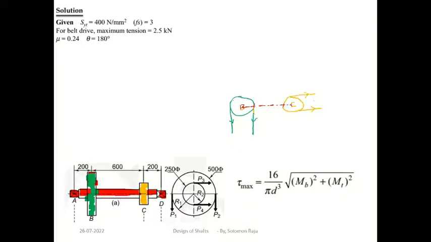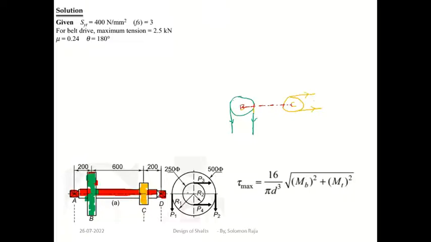Similarly, here BC is the shaft, pulley B is the input and pulley C is the output. In pulley B, the belt is connected in a vertical arrangement, but in pulley C, the belt is connected in a horizontal arrangement. Only here they have mentioned the forces like that.